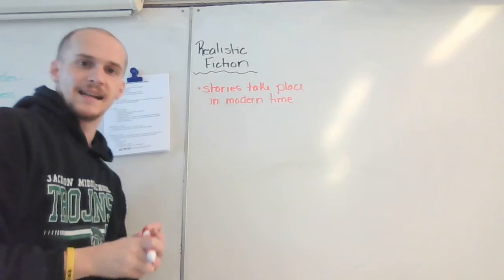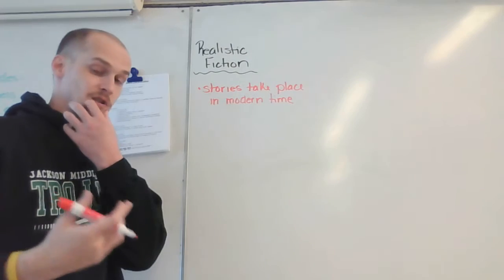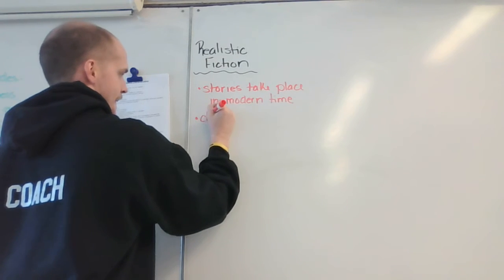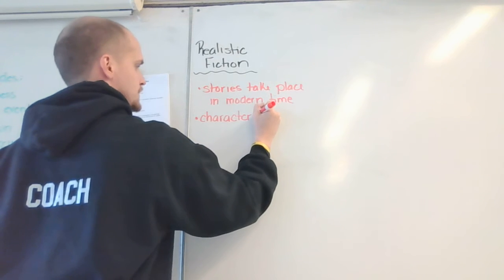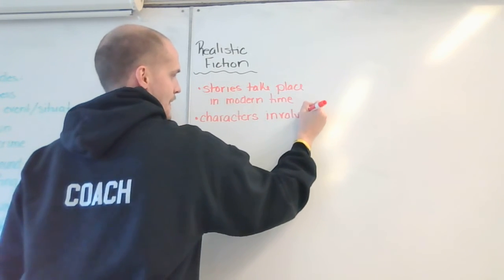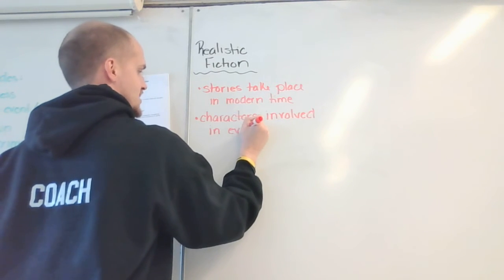Stories that take place in a modern time, and the characters involved, these characters are often going through things that could actually happen. So they're involved in events that could actually happen.